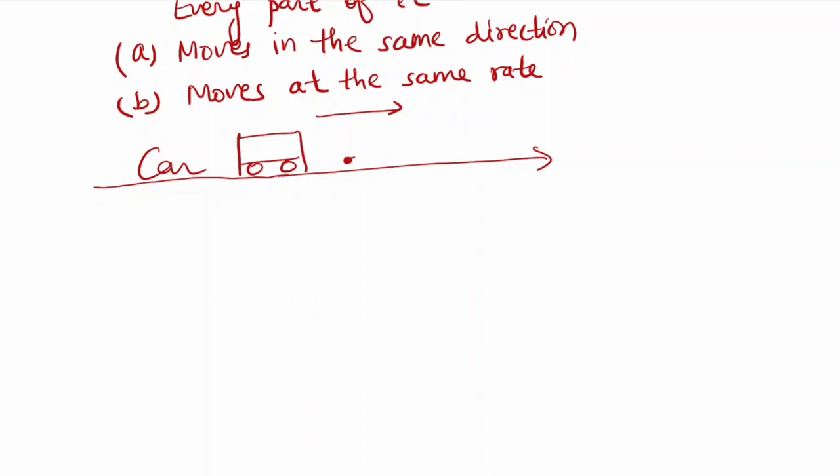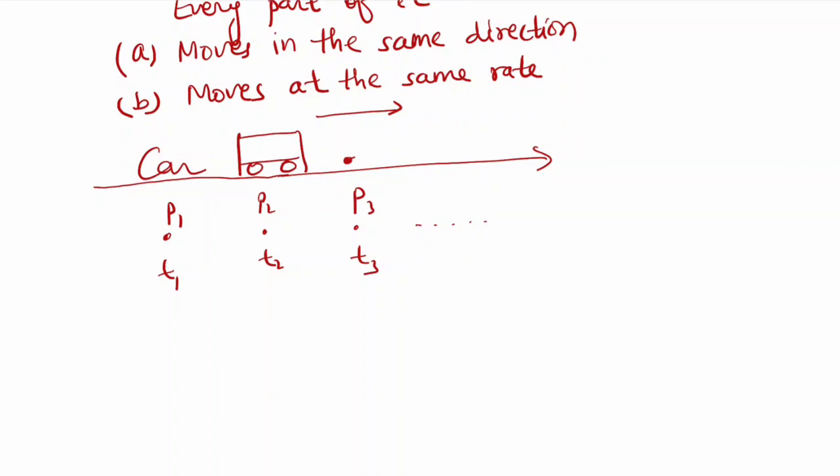Now, when we say that we want to study the motion of a particle, we actually want to locate it at different points of time. So if we are able to say that this car is at position P1 at time T1, at position P2 at time T2, at position P3 at time T3, and so on, then we have actually located the particle at various points of time.